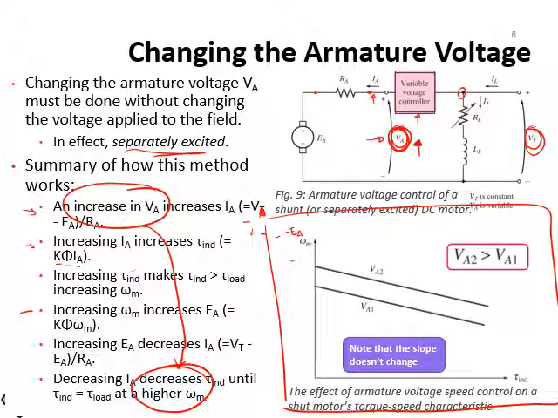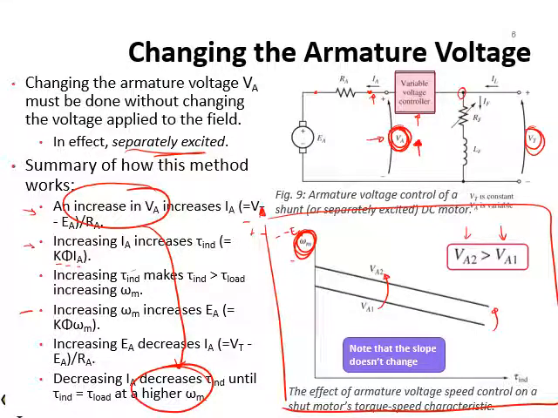Okay, so VA2 is higher than VA1, which means that the armature voltage has been increased from VA1 to VA2, and as you can see from the plot that the speed, omega m, has been increased.